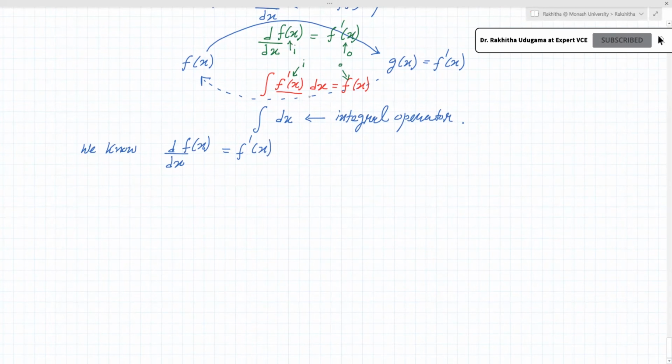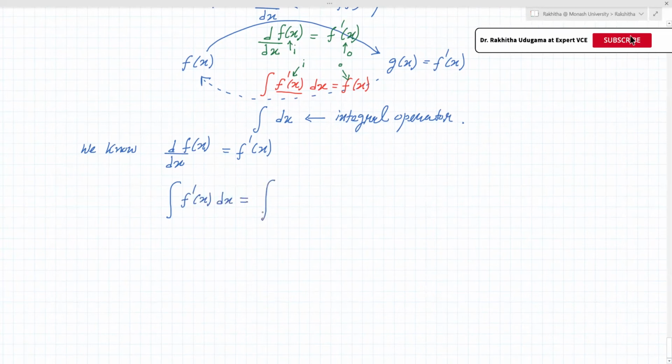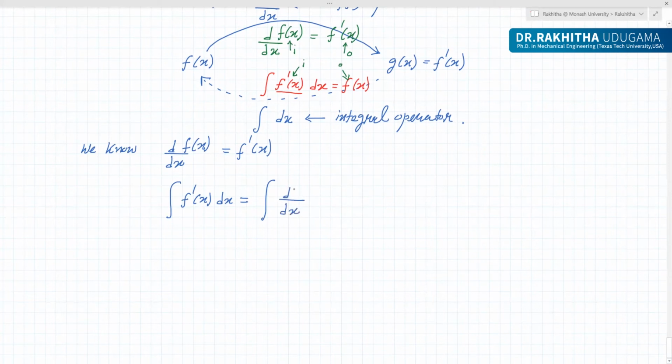Now, from the anti-differentiation, we have integration of f dash x. So look what I'm writing here. Integration of f dash x would be equal to integration. Now, f dash x would be d/dx of f(x). So I'm going to put d/dx of f(x) here.